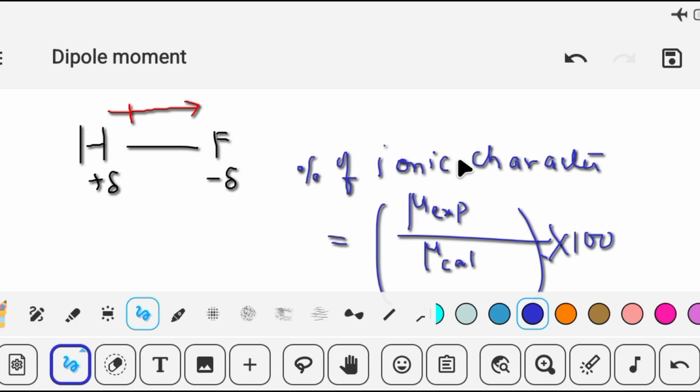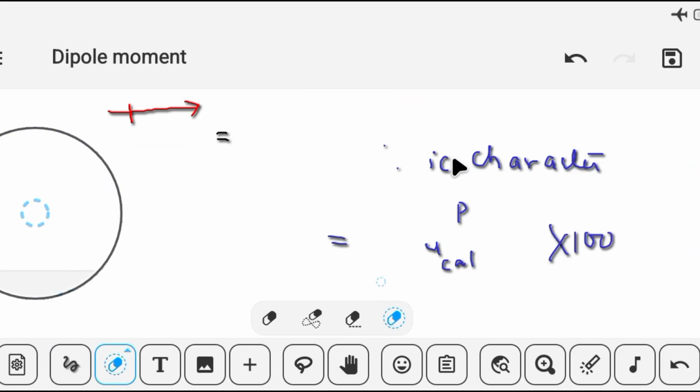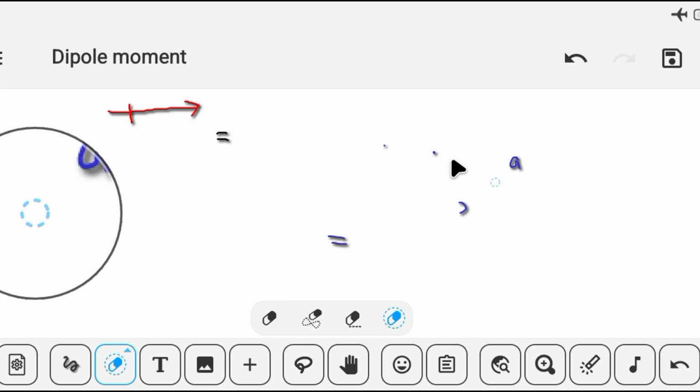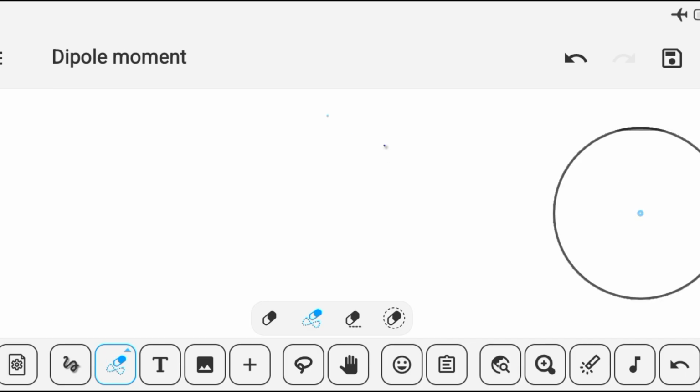Next, coming to the other things, in the dipole moment concepts the most important problem is going to come from this percentage of ionic character. I'll show you how the question is asked in the examination.